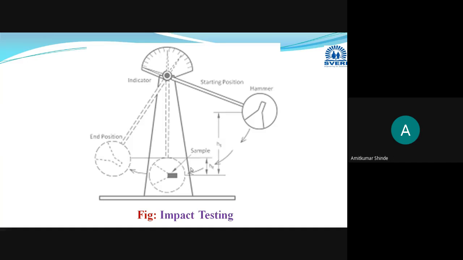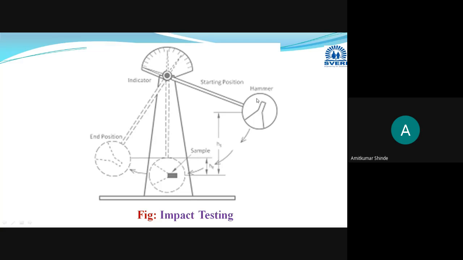Now I will move towards the actual testing. In today's session only, we have to complete this. These two will be the last testing methods. Now this is the arrangement for conducting the impact testing. This will be the base. Here the anvil will be present. On that anvil, we are going to fix our test specimen.